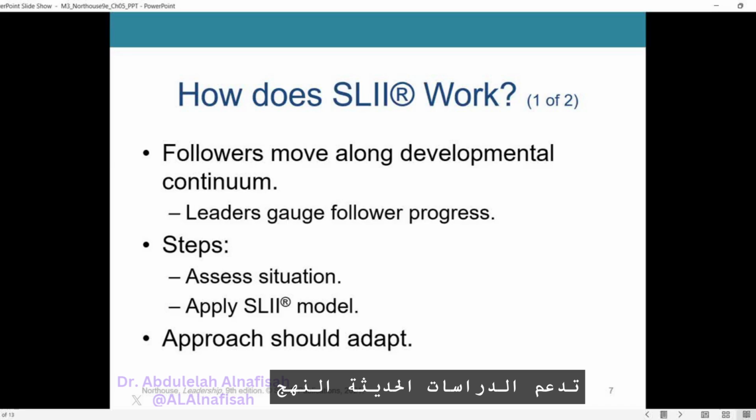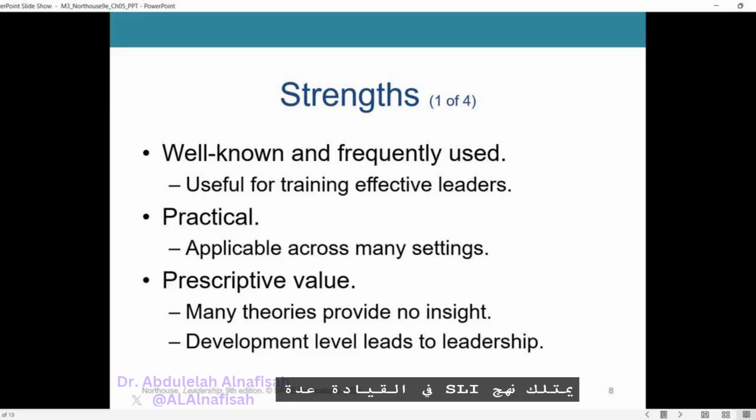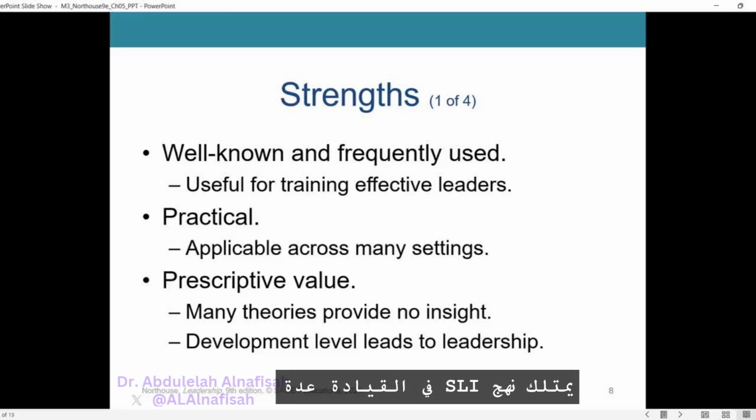Recent studies support the situational approach to leadership, emphasizing the changing nature of leadership styles across various cultural and workplace contexts. The SLII approach to leadership possesses several strengths that benefit practitioners.